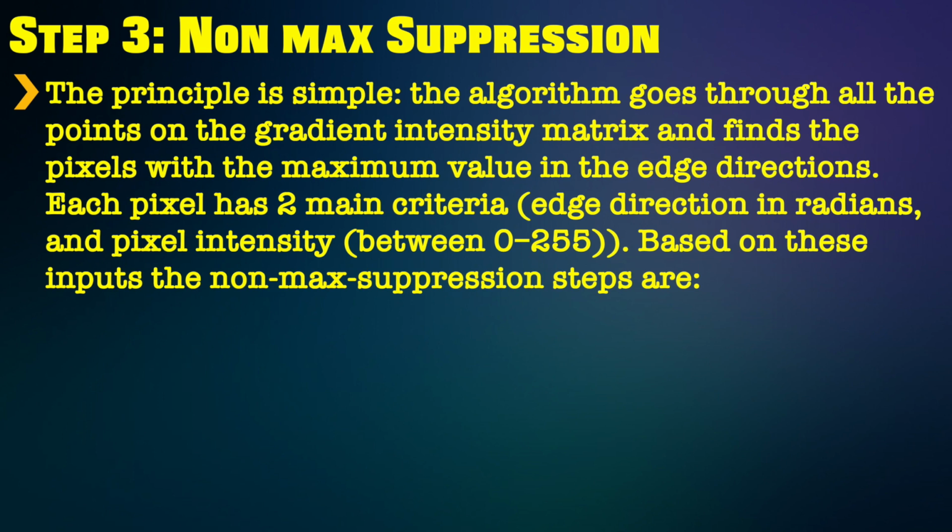The principle is simple. The algorithm goes through all points of the gradient intensity matrix and finds the pixels with the maximum value in the edge direction. Each pixel has 2 main criteria: edge direction in radians and pixel intensity between 0 and 255. Based on these inputs, non-maximum values are suppressed. Steps are as follows.